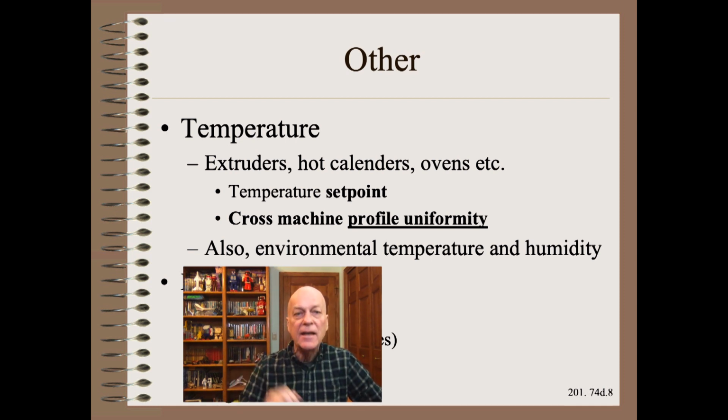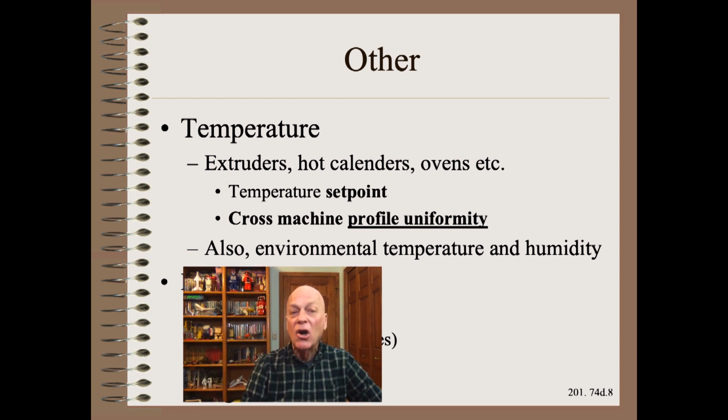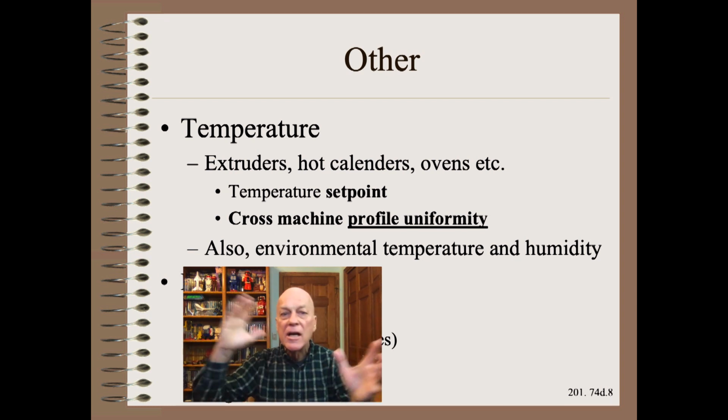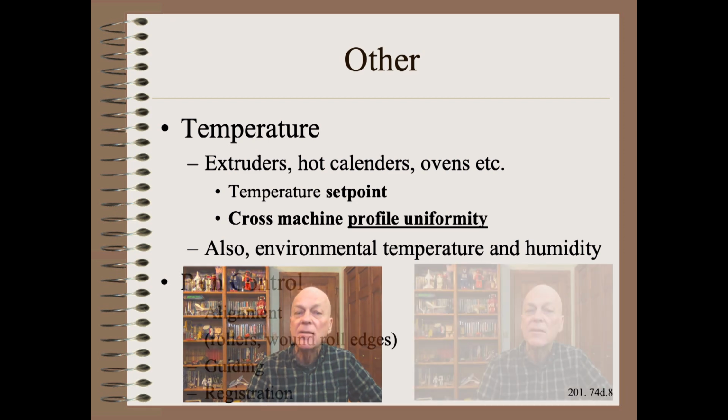The second is often neglected, and that is the temperature uniformity across the width. However, for more than a few machines which do not have elevated temperatures, mere environmental temperature and humidity can be important for a few select web and winding problems.